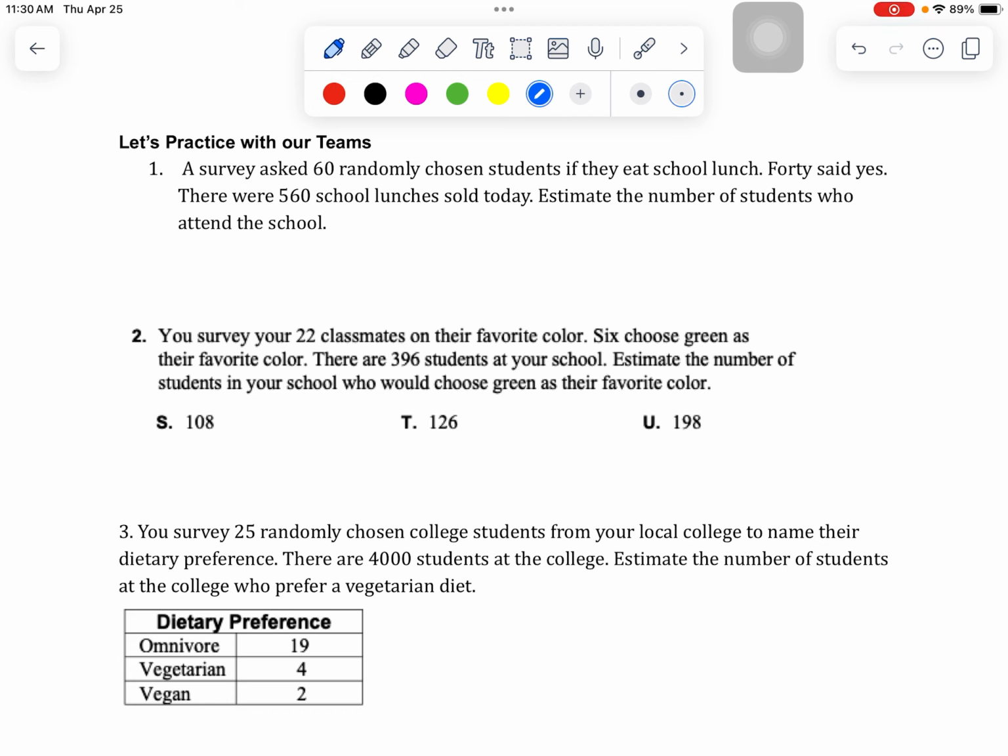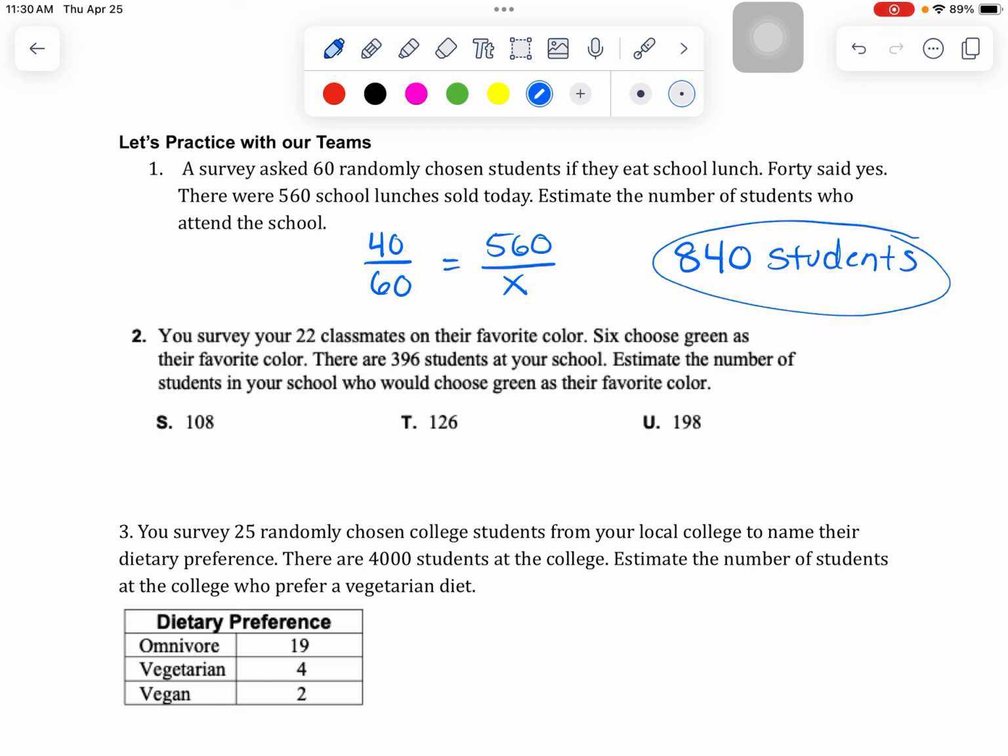So number 1 here is 40 over 60 equals 560 over x. And when you cross multiply, you get 840 students. For number 2, you should have had 6 over 22 equals x over 396.